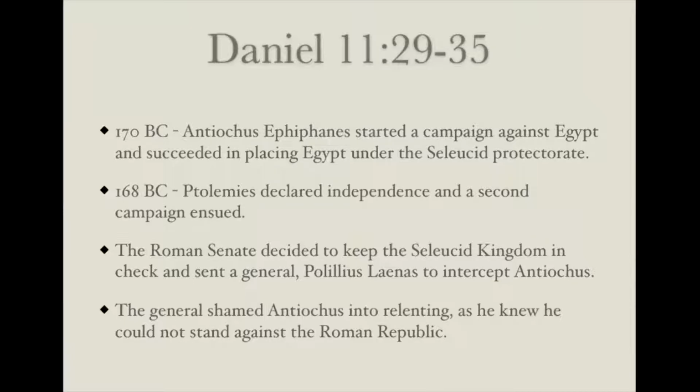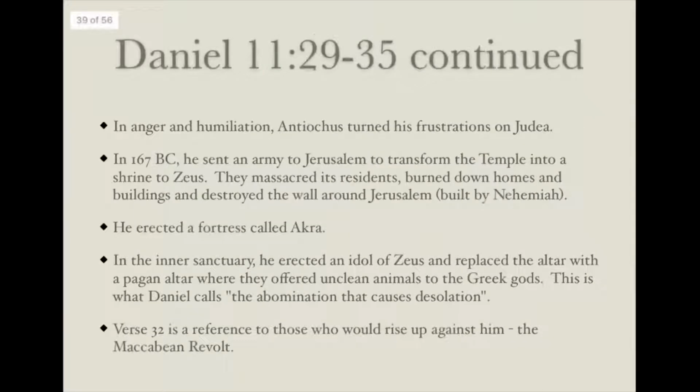But he was pretty upset. So in his anger and humiliation, he turned all his frustrations on Judea. In 167 BC, he sent an army to Jerusalem to transform the temple into a shrine to Zeus. He massacred many of its residents, burned down homes, destroyed buildings, and destroyed the wall around Jerusalem that was built by Nehemiah.